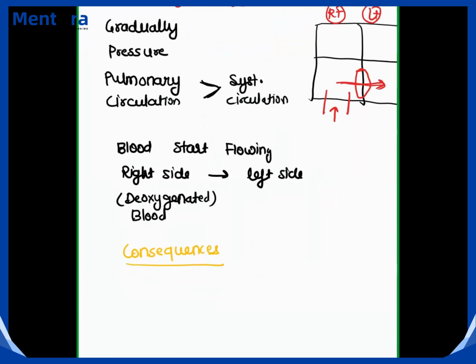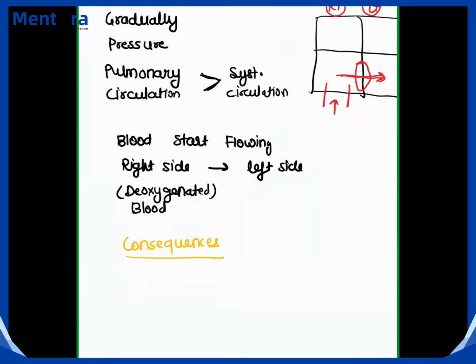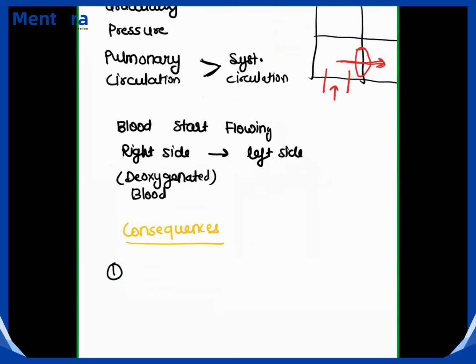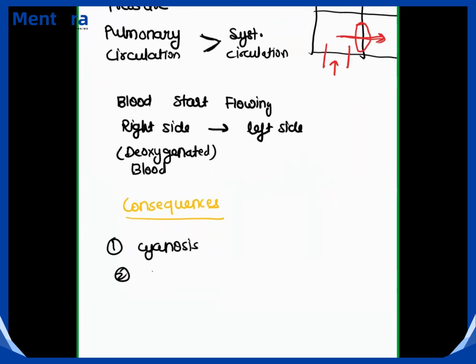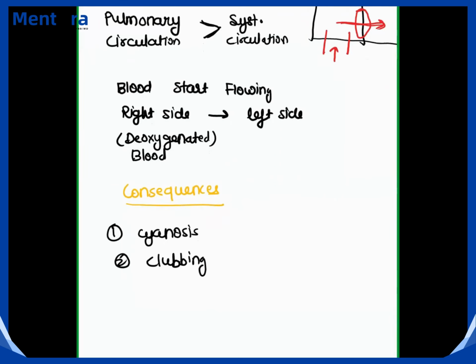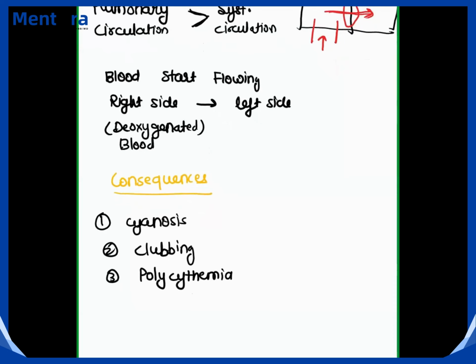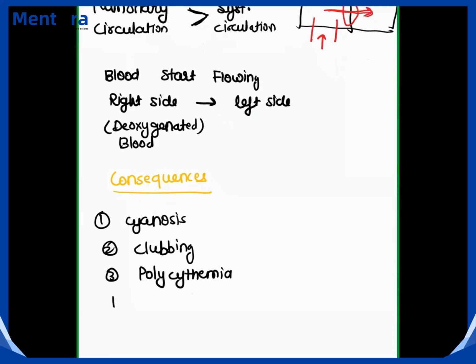reversal are: previously there was no cyanosis, now cyanosis sets in. So because of the right to left shunt there is cyanosis. Clubbing starts appearing because of chronic hypoxia. Polycythemia, because it is a compensatory response to hypoxia.